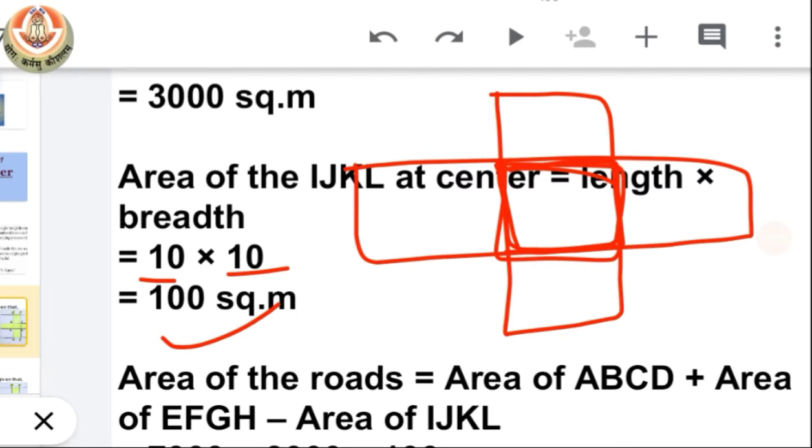Now to find the area of road, what we have to do? We have to add the area of this road and the area of this road. Then we have to subtract this area once because it is occurring in both the roads.